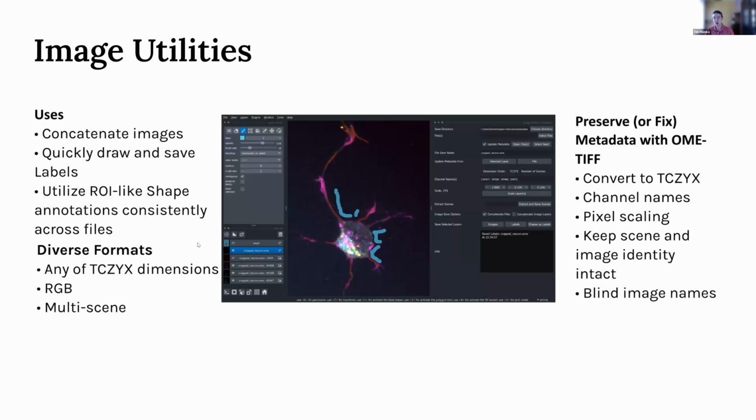Its goal is to use images of any dimension, so time, multi-channel, and 3-dimensional, or just 2-dimensional, as well as RGB images, which I've unfortunately found a few microscopes are stuck in. We can take them away from RGB and reapply them.